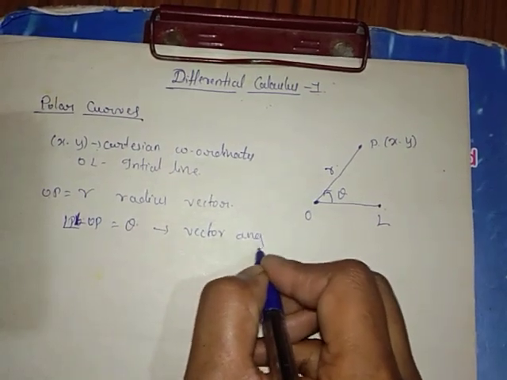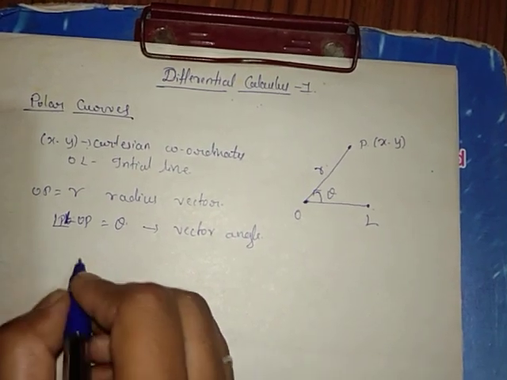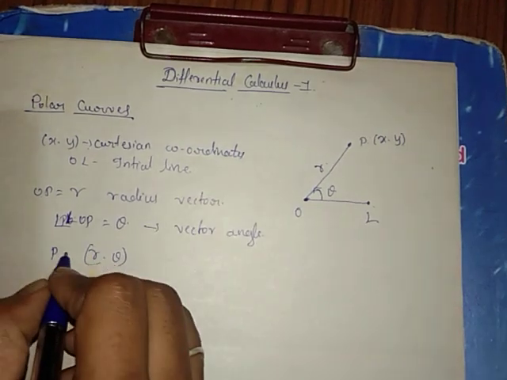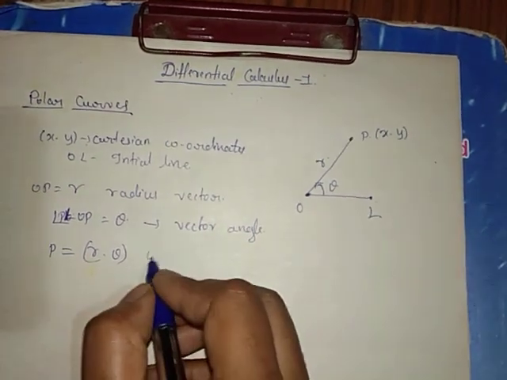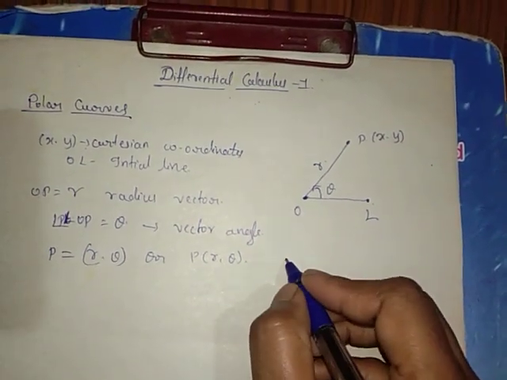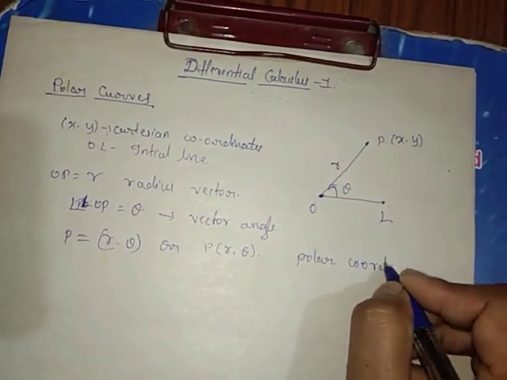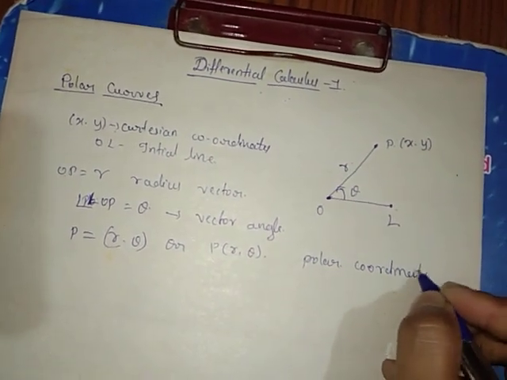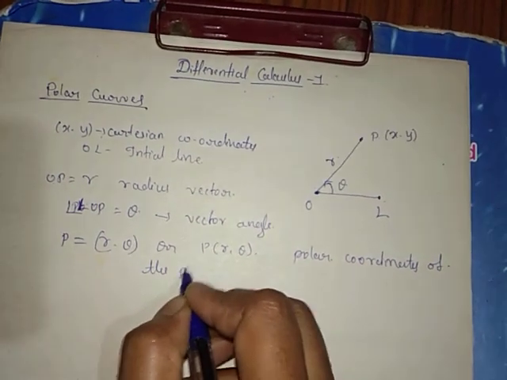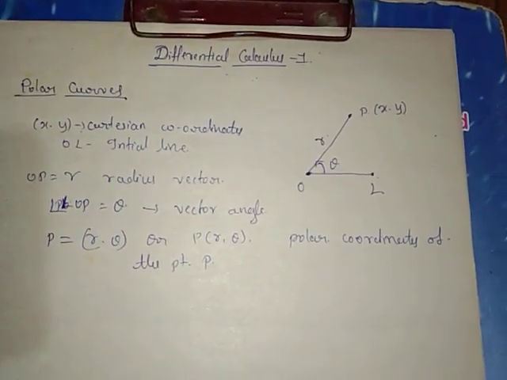So here the pair r comma theta, that is also represented by P equal to r comma theta, or P of r comma theta, is called the polar coordinates of the point P.